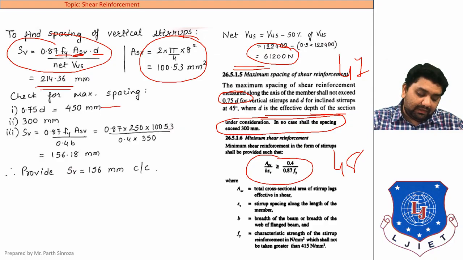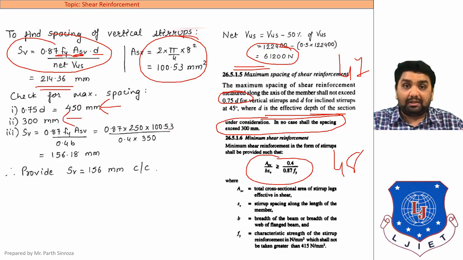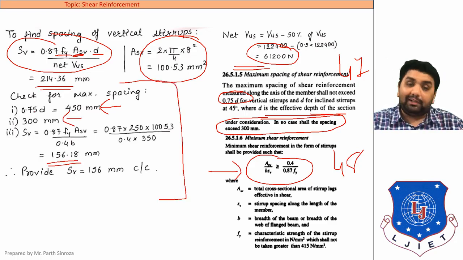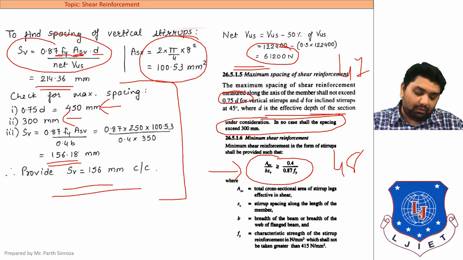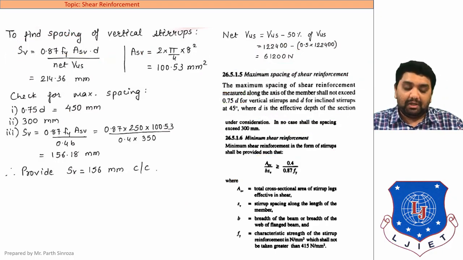So solving the first we get an answer 450 mm. The second case we already know, 300 mm, and by solving this equation we get answer 156.18. So out of all these values, the lowest value will be 156 mm. So we will be providing spacing of 156 mm center to center.